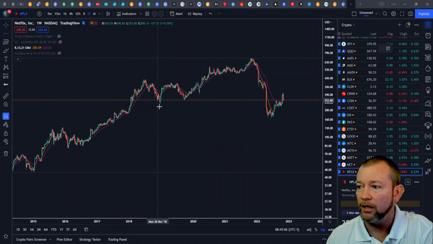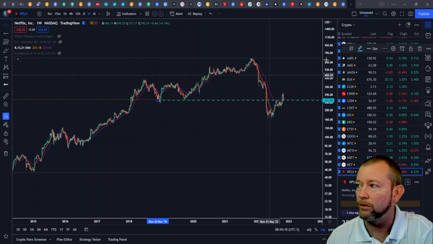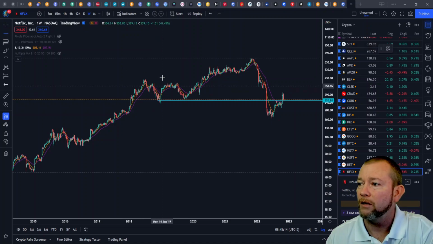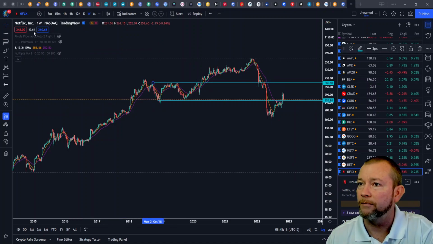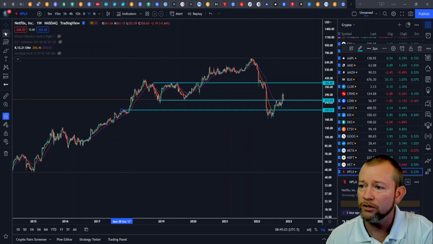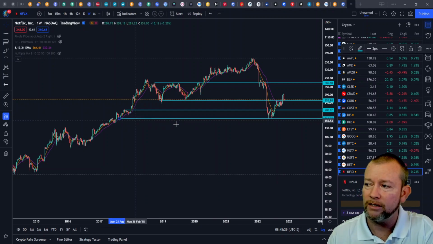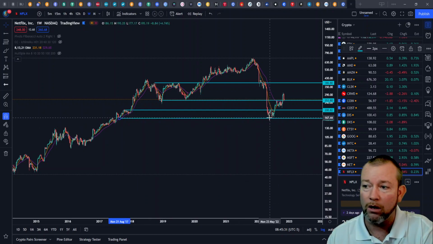And I can just start plotting where the extremes of these lines are. That would be one. And I'm going to change this to a solid line. And then I would probably put one right about there, and maybe one right here. As you can see, I'm just plotting areas where I see the candles or price action reacting more often than not, right?